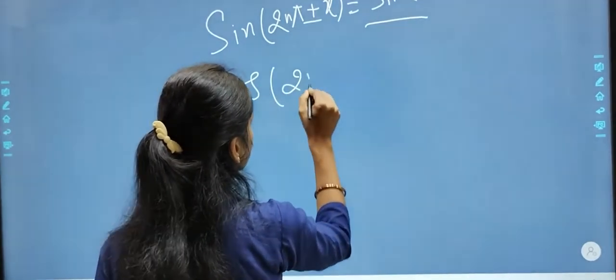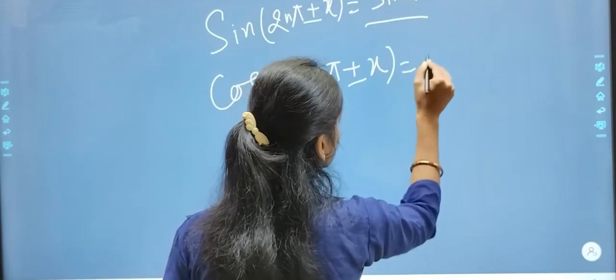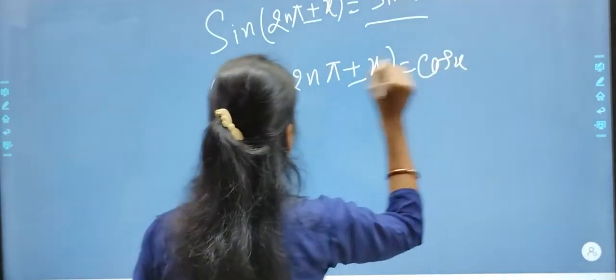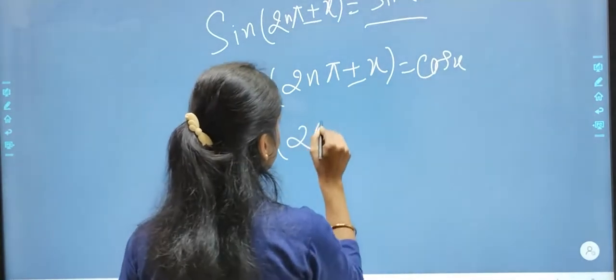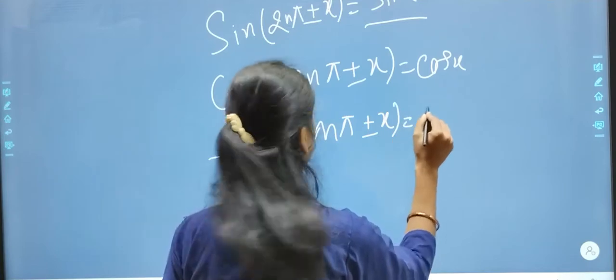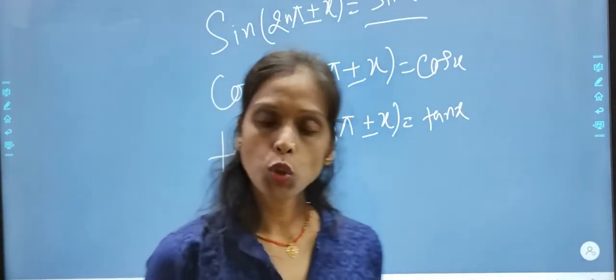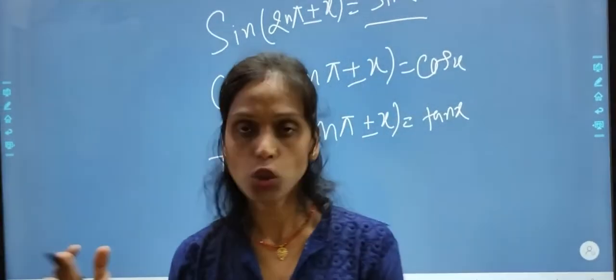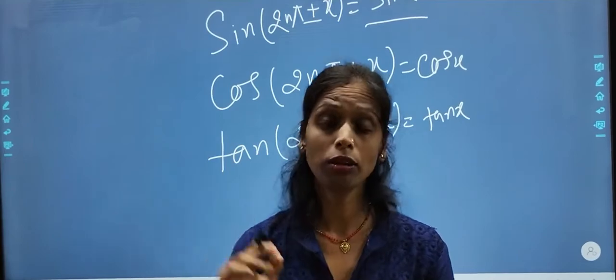Second thing, cos of 2n pi plus x is equal to cos x, tan of 2n pi plus x is equal to tan x.